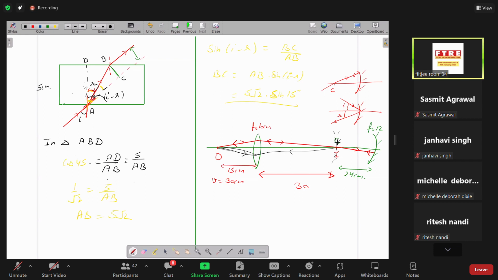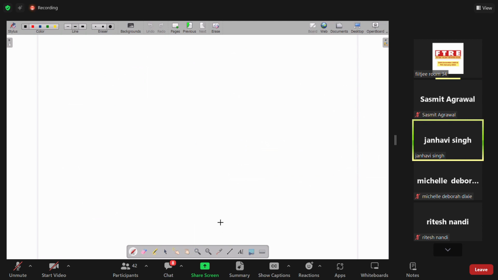The parallel rays incident on the convex lens, after reflection from the mirror, form an image at the optical center of the lens. Can you tell me once what is given here? After the parallel rays are incident on the convex lens, after reflection from the mirror they form an image at the optical center of the lens.